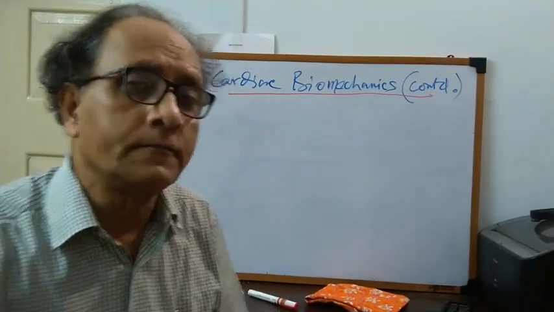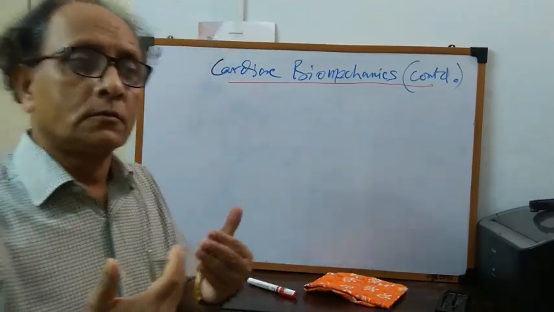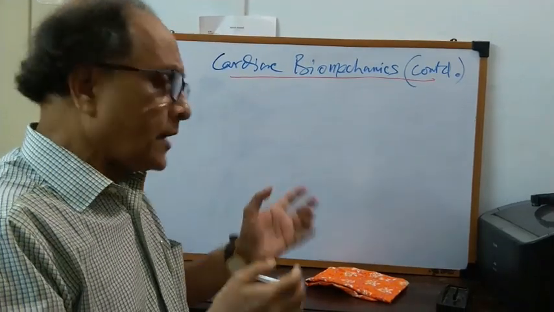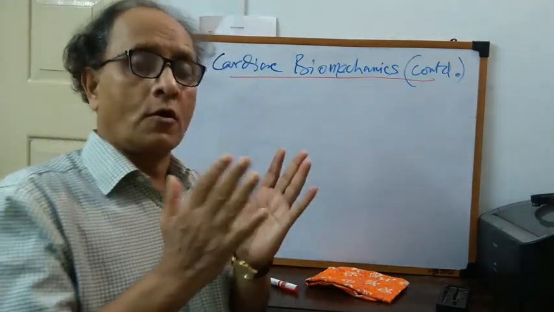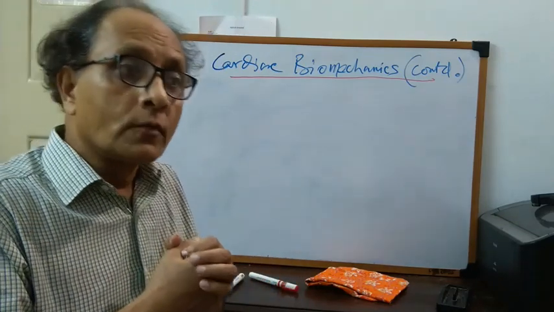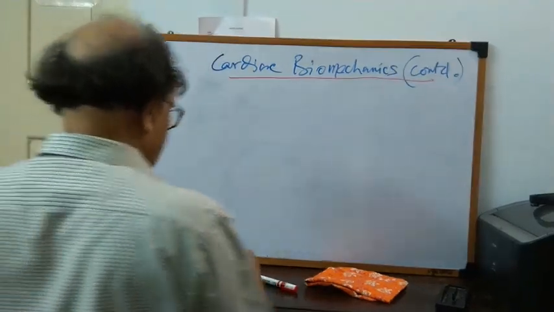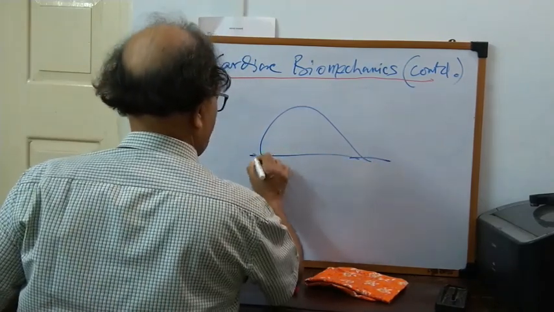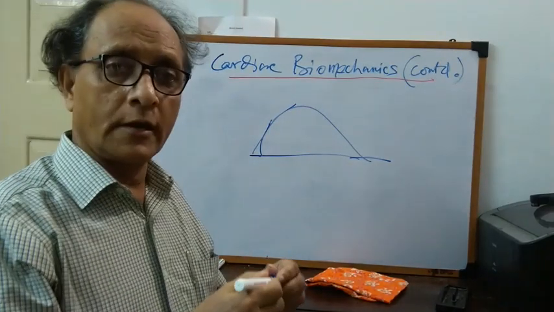To understand further the isotonic contraction and its effect on heart, I will next take up another issue. When the muscle is contracting, shortening, there is displacement. So now here we can calculate the velocity. If we get a curve like this, by calculating the slopes, we can calculate the velocity, the rate of change of displacement.